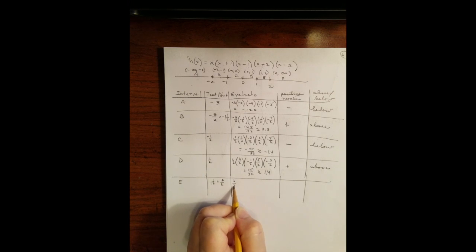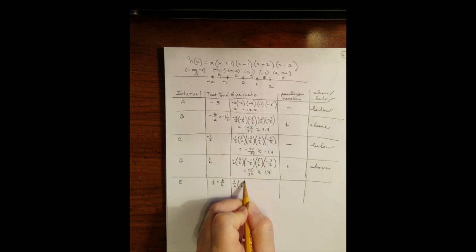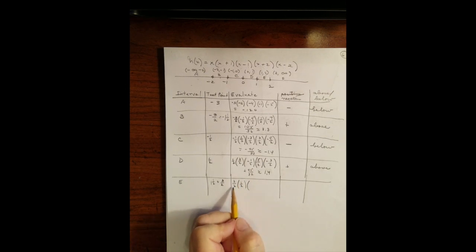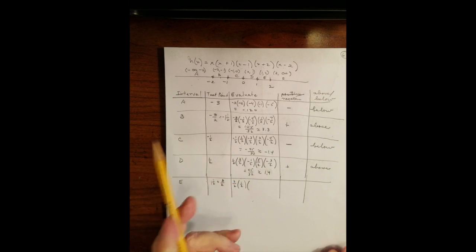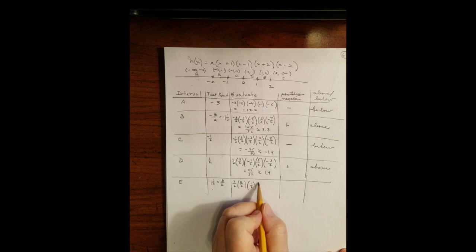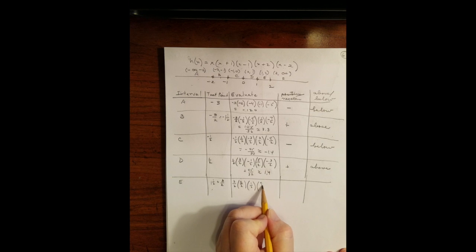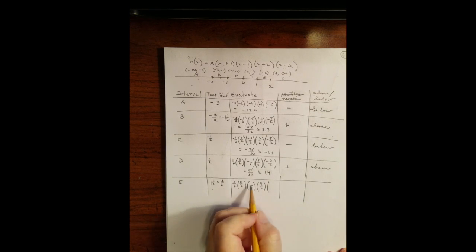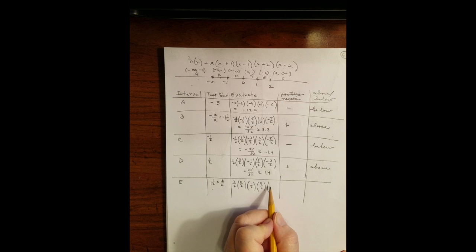So if we plug that in, we'll get 3/2, and then 3/2 plus 1, 5/2, and then 3/2 minus 1 is 1/2, and then 3/2 plus 2 or 4/2 is 7/2, and then 3/2 minus 4/2 is minus 1/2.